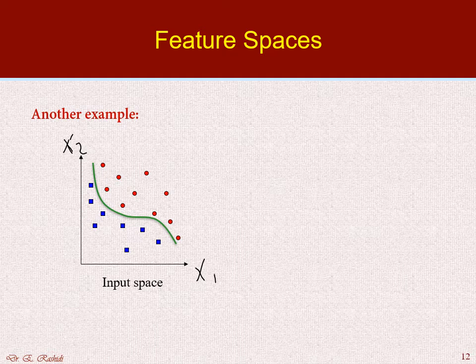As you see here, we cannot really find a hyperplane, a straight line. This line certainly is not straight, so this doesn't count.